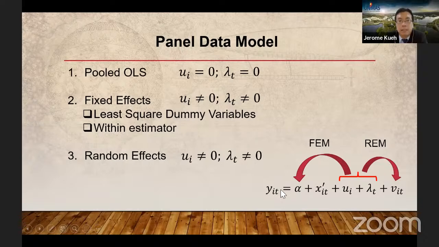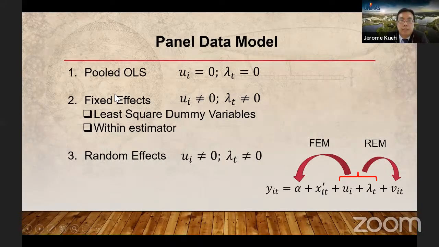But you can see that this is the panel structure in i and t, while this unobserved heterogeneity only carries one perspective, either i or t. So it doesn't matter how we treat this one. If we run the panel data analysis, this is not in the pooled OLS, where we assume that u_i and lambda_t are equal to 0. Okay? But in reality, this may not be the case.